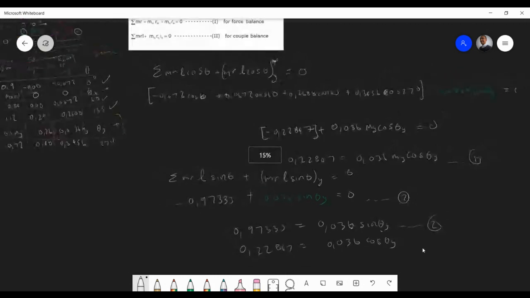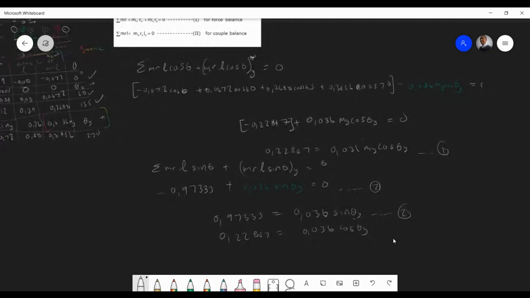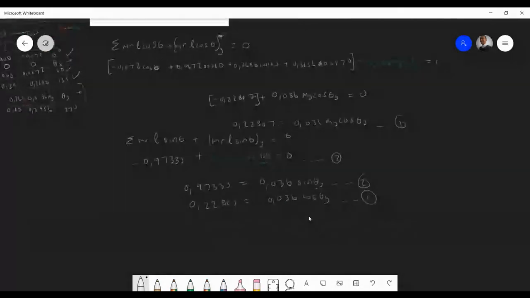And of course, what you can just do is divide. So what they do, they square these values. You can obviously square these values if you want. But, sorry about that. So it's equation 1. What you can just do is divide 2 by 1. So you can have tan y equals 0.0 divide.